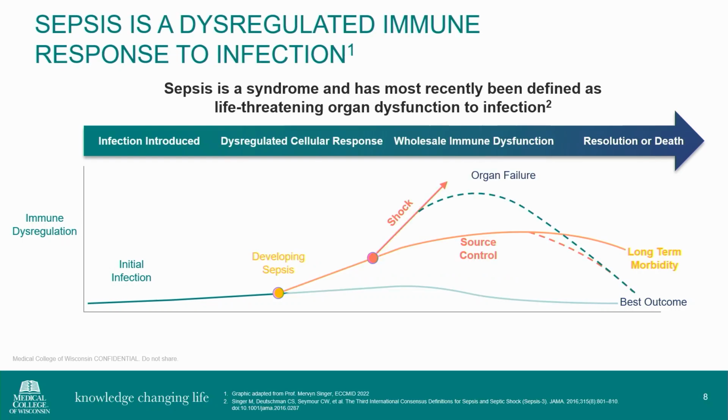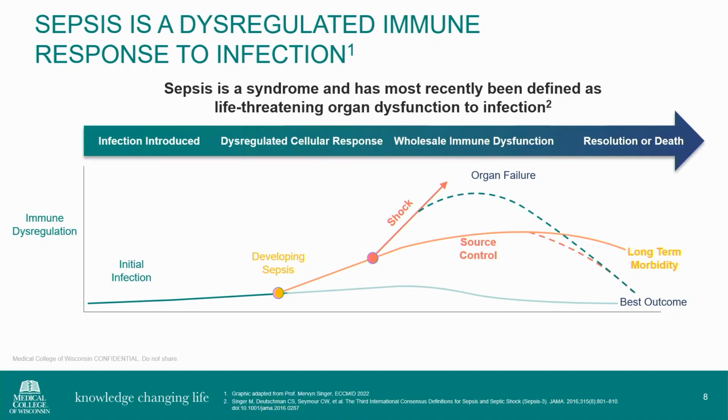But when we look at the septic patient, you have an initial introduction of some kind of pathogen, and then you begin to see dysregulated cellular immune response, or over-response of the immune system. That patient is then beginning to develop sepsis.